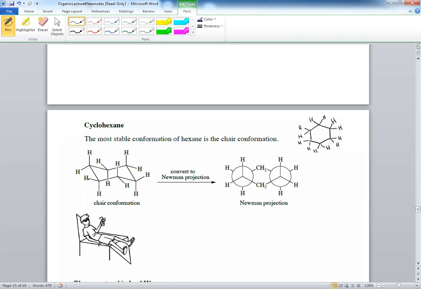Here's the headrest, that's this flap going up. And then this is the footrest that is going down. And in between is where this person is sitting. Of course, there are no lines here connecting them. So that's why organic chemists call it the chair conformation.